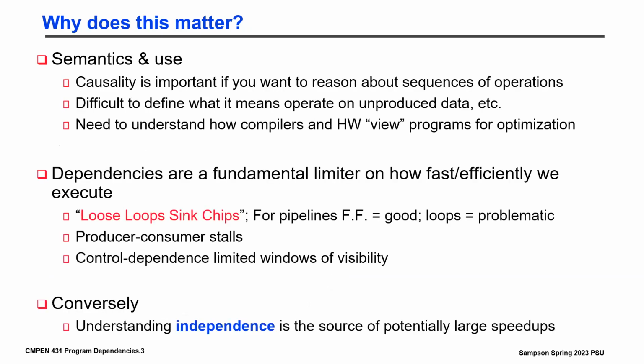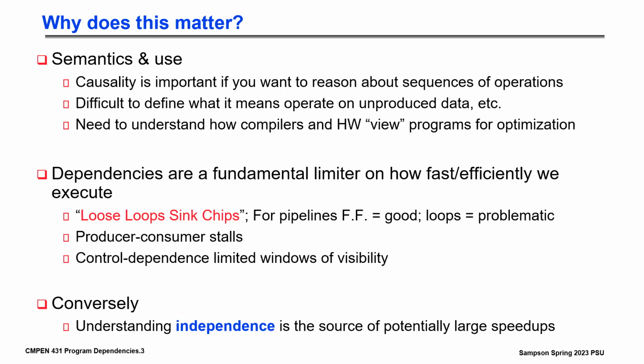Okay. So why do we care so much about sequencing? Well, it turns out causality is kind of important, right? In fact, everything that we build all of our logic on top of has some fairly strong causal assumptions. Some of these are built into the models of the ISA. We'll talk more about this when we talk about different memory models you could have.